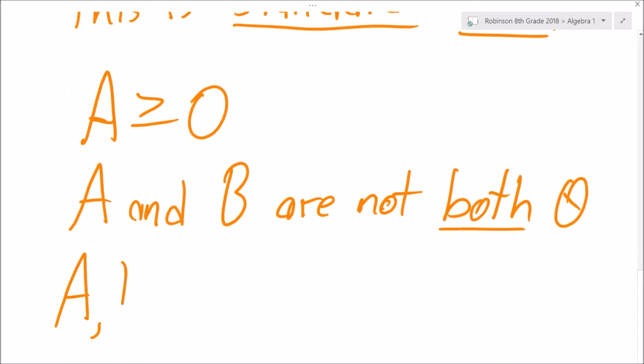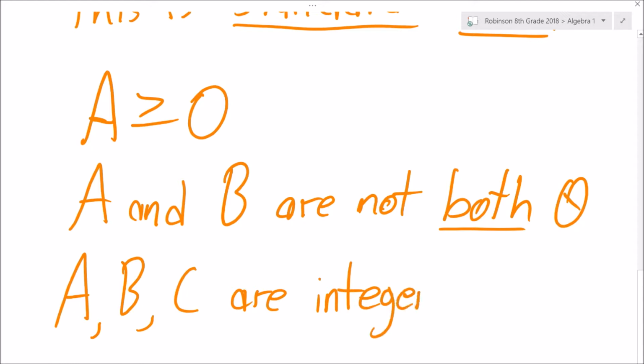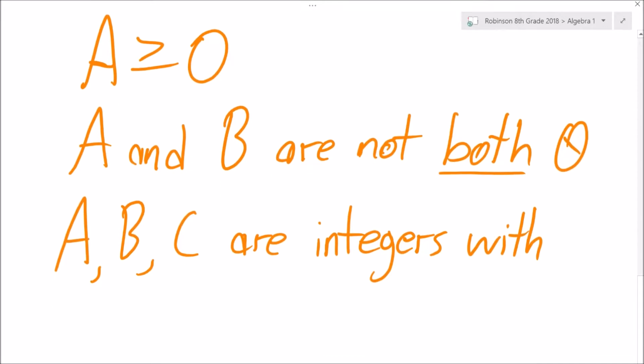And a, b, and c are integers with a greatest common factor of 1.